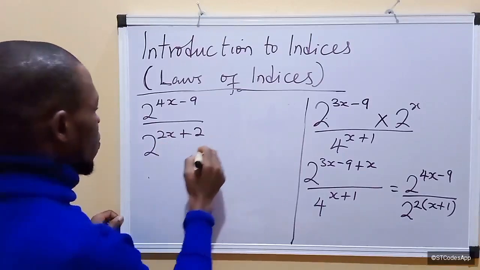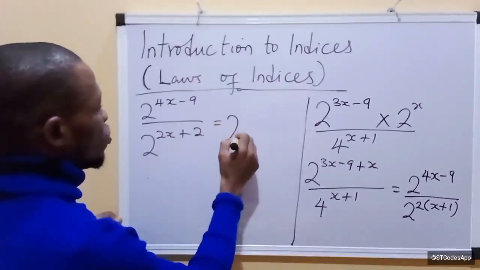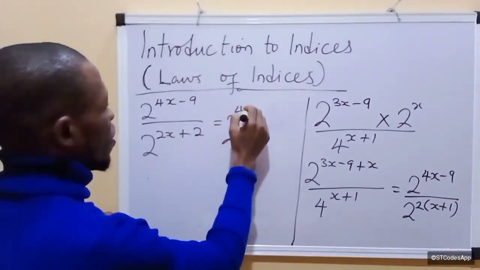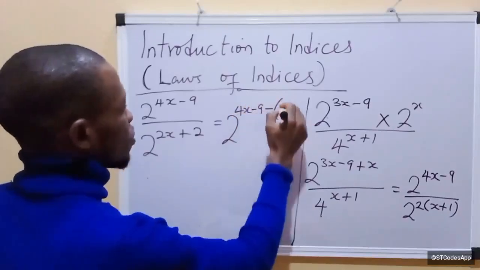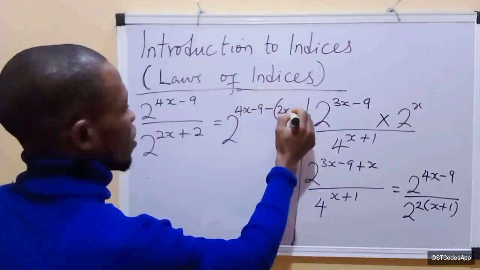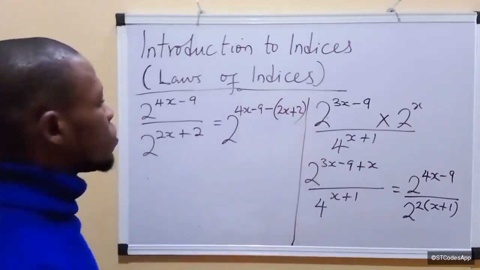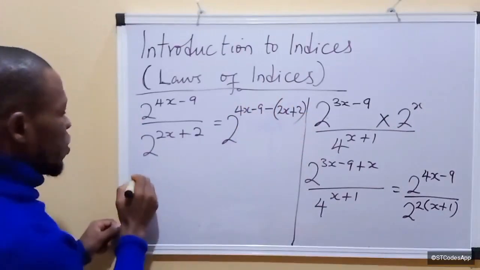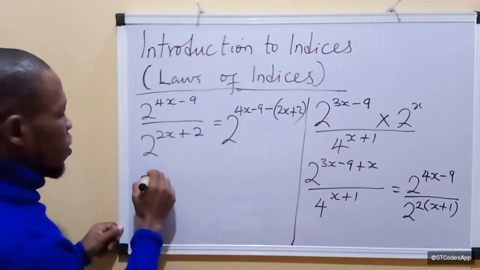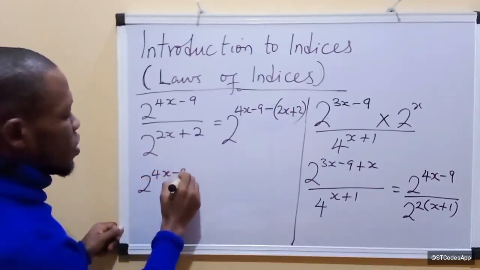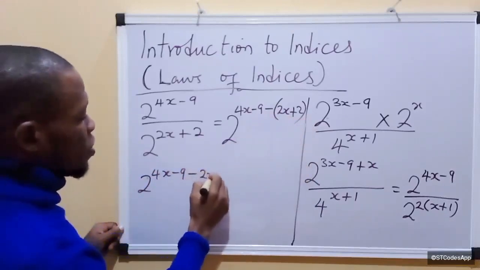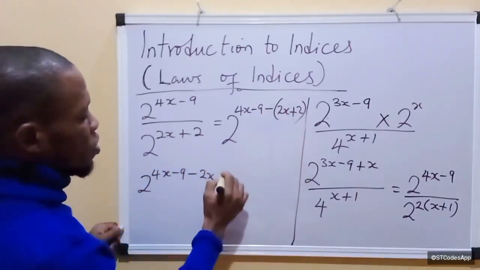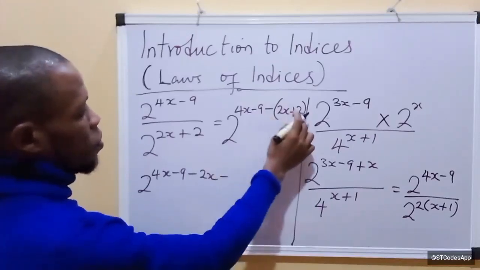So this is going to be equal to 2 raised to the power 4x minus 9 minus 2x plus 2. And that will be equal to 2 raised to the power 4x minus 9. Let's open this bracket. We're going to have minus 2x. Minus times plus gives us minus. So we have minus 2.